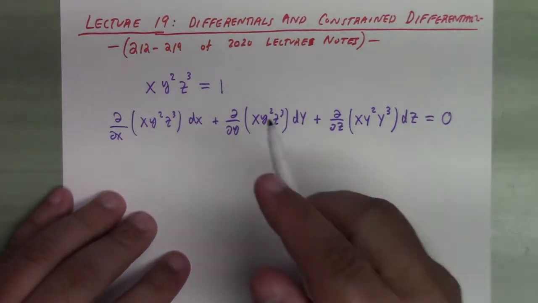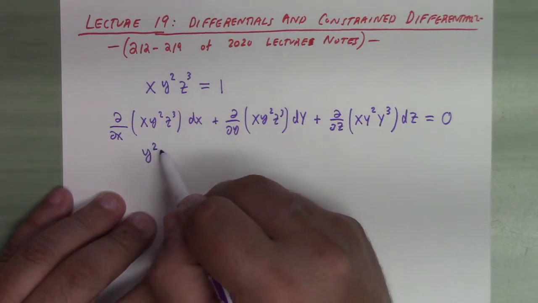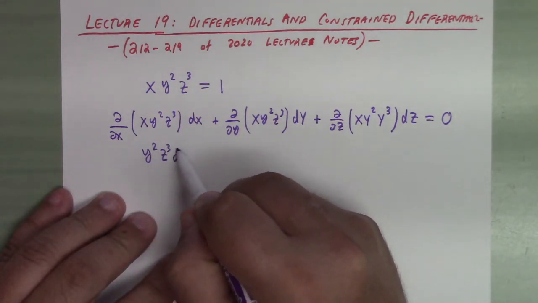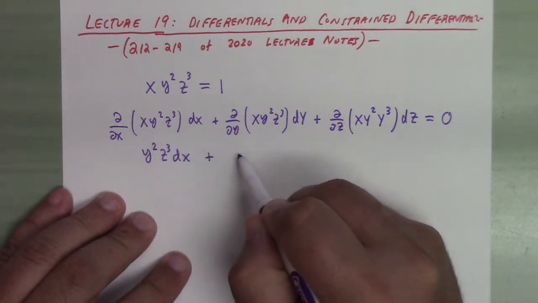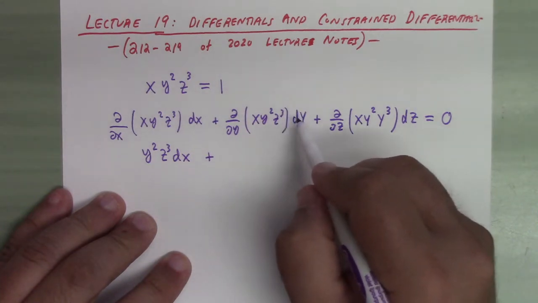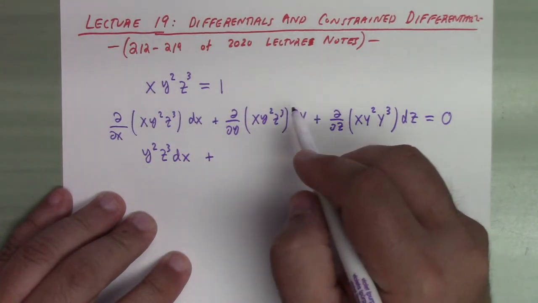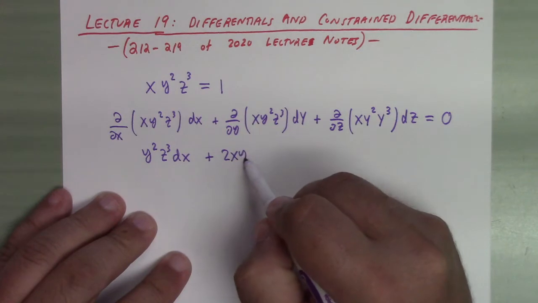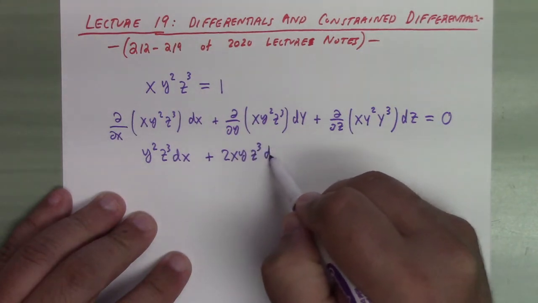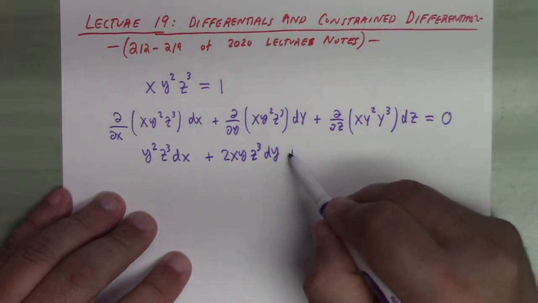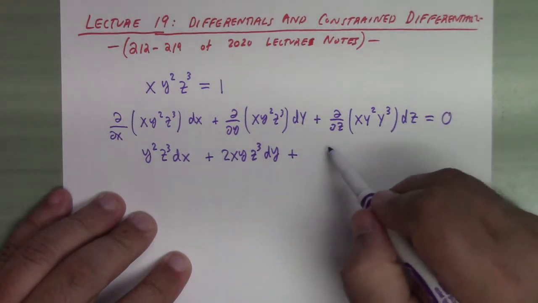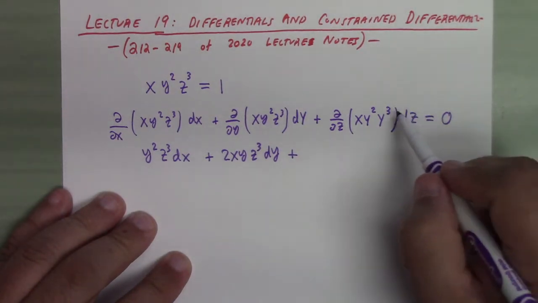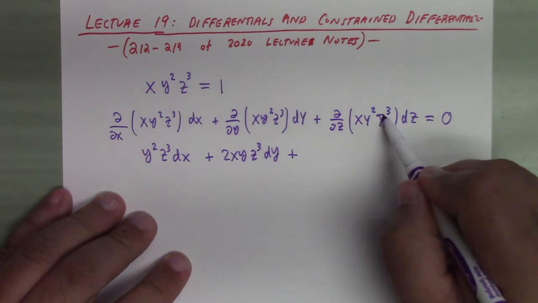Now, this gives me, of course, y squared z cubed dx plus 2 x y z cubed dy, and then plus, my z cubed has become a y cubed over here. That's bad.